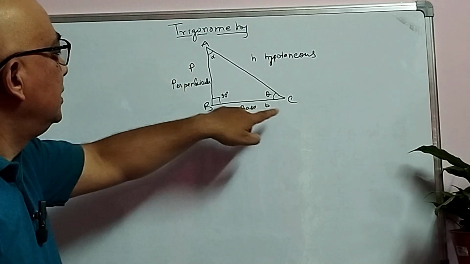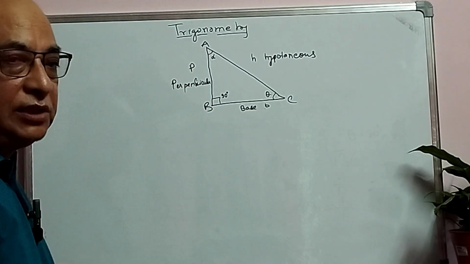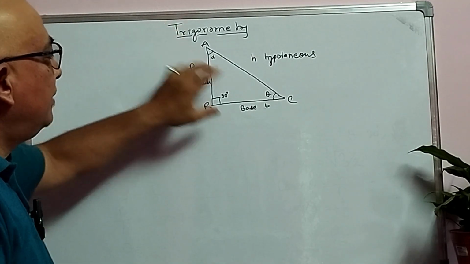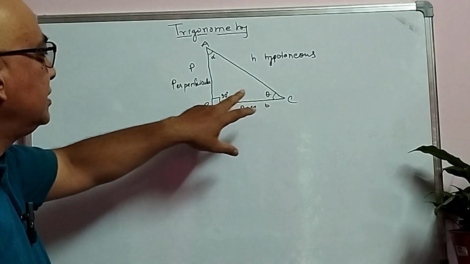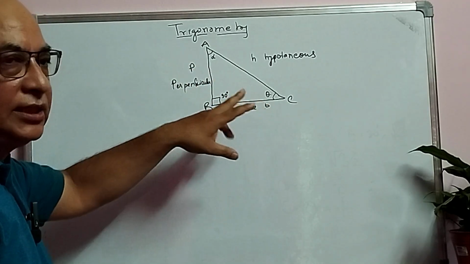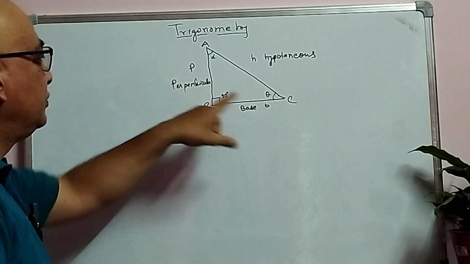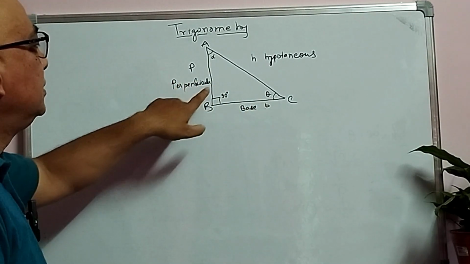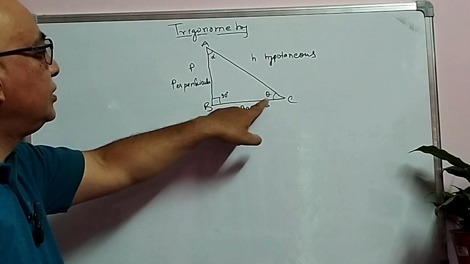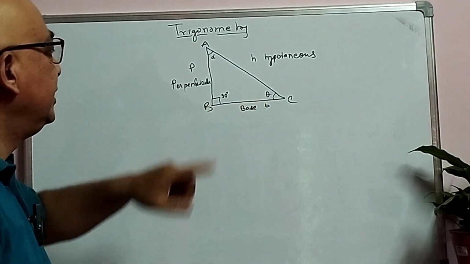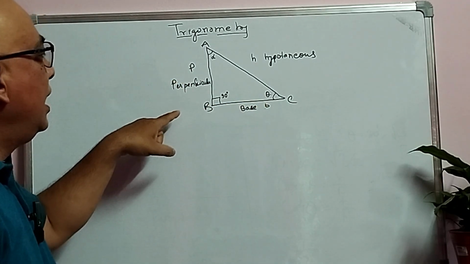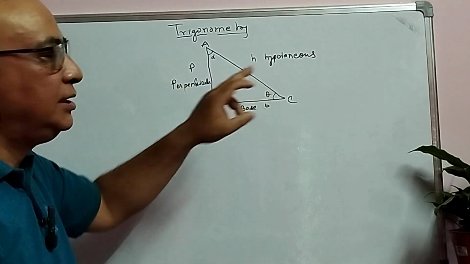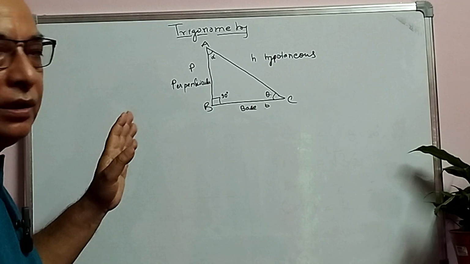Perpendicular and base are perpendicular to each other. However, we call the side opposite to the angle of reference, which is theta in this case, because we have assumed this as the angle of reference, perpendicular, and this is base, on which the right angle and angle of reference are based.